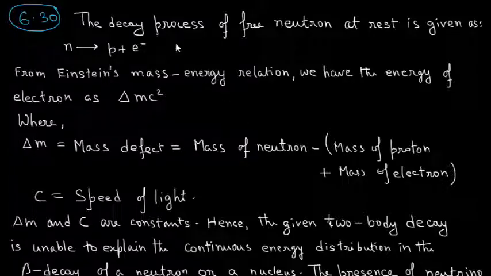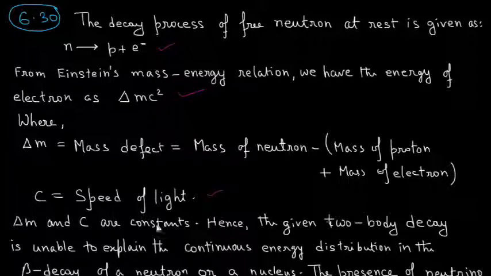The decay process of a free neutron at rest is given by neutron gives proton plus electron. From Einstein's mass energy relation, we have the energy of the electron equal to delta m c square, where delta m is the mass defect, equal to mass of neutron minus mass of proton plus mass of electron. c is the speed of light.